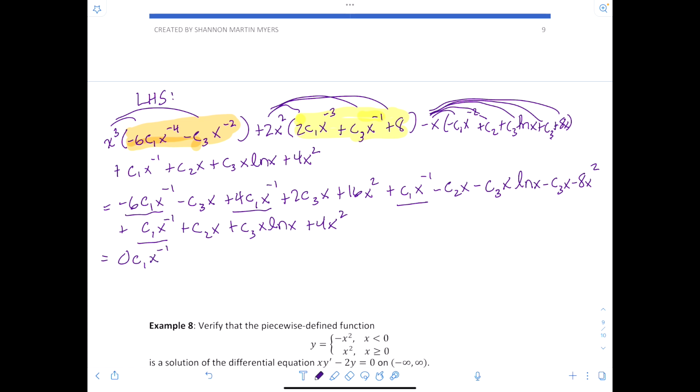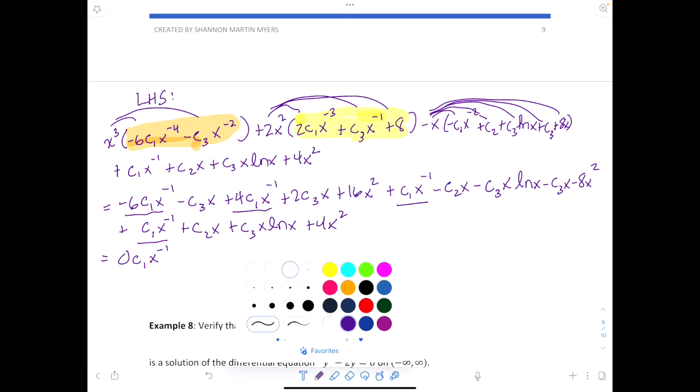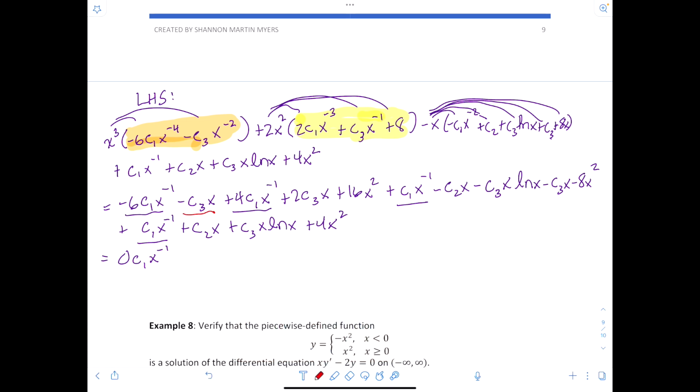And then looking at the c3x's, we've got negative 1 here, positive 2 of them here, so that'd be positive 1. And then minus 1 will zero it out. So plus 0 c3x's. And now looking at the x squared terms, we have 16x squared minus 8x squared is 8x squared plus 4x squared is 12x squared.